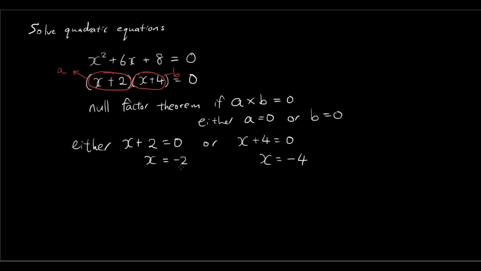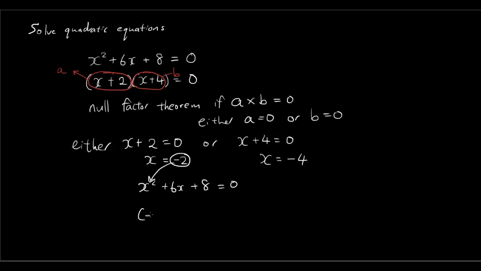How do we know that these are the answers? Well, let's substitute these numbers back into our original equation and see what happens. So we have x squared plus 6x plus 8 is equal to 0. Let's substitute negative 2 into the equation.